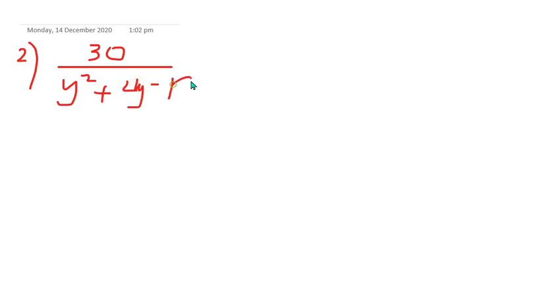Okay, another example on division. If we have 30 over y squared plus 4y minus 12, divided by 6y over y minus 2.